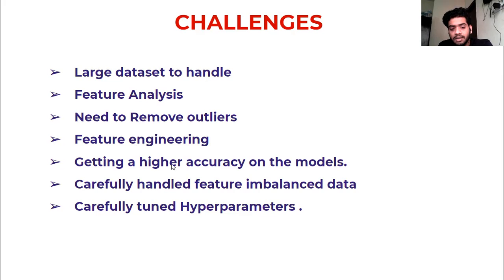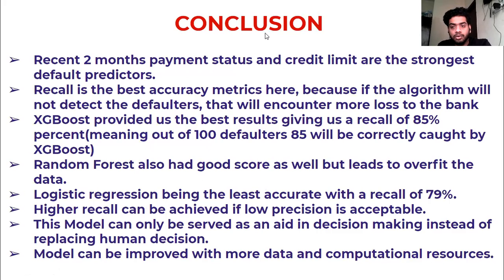So we need to carefully handle imbalanced data, and carefully tune the hyperparameters, because it affects the best parameter numbers. That's why we give a little bit of attention to this. So next is our conclusion.